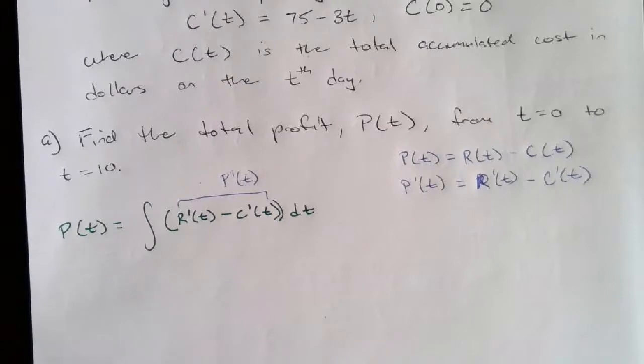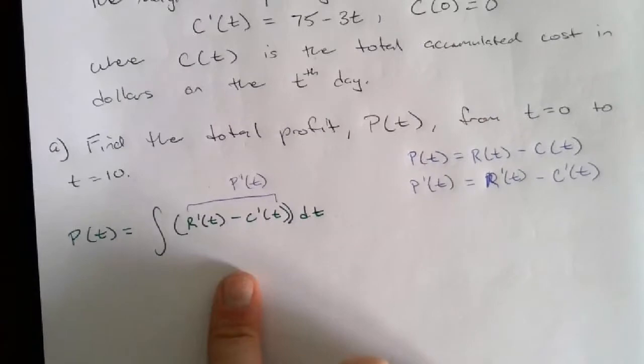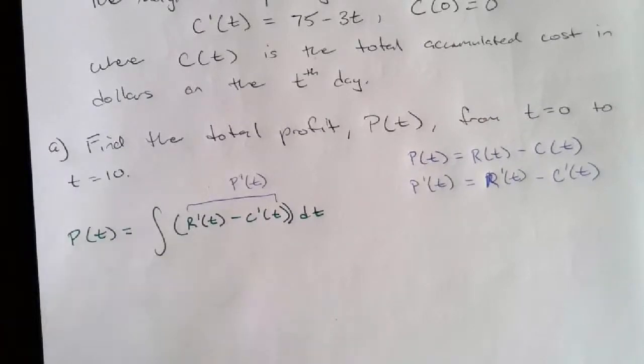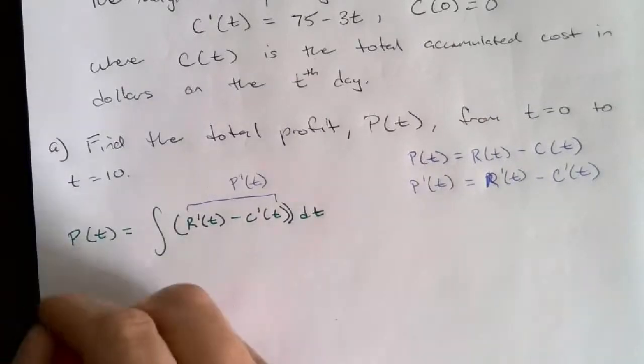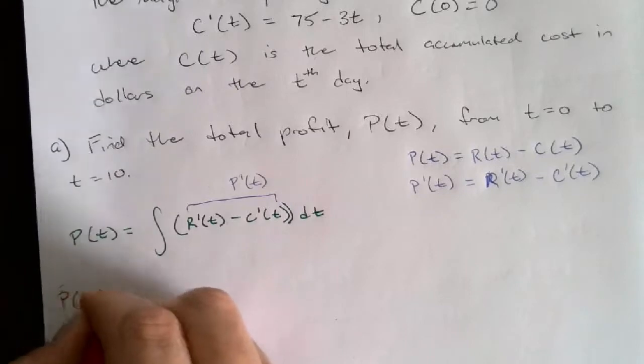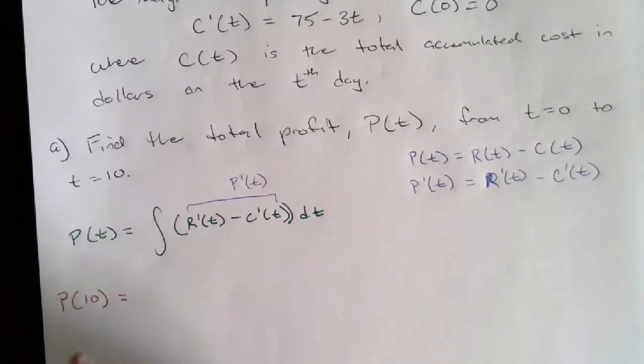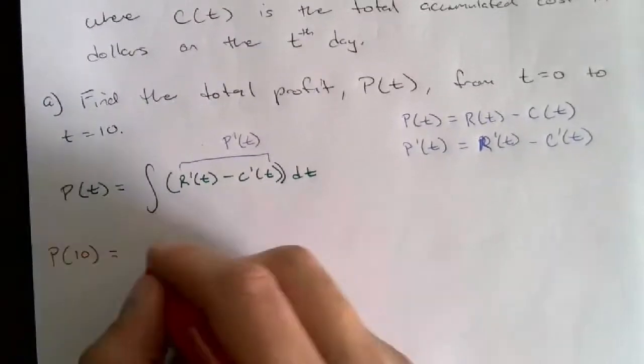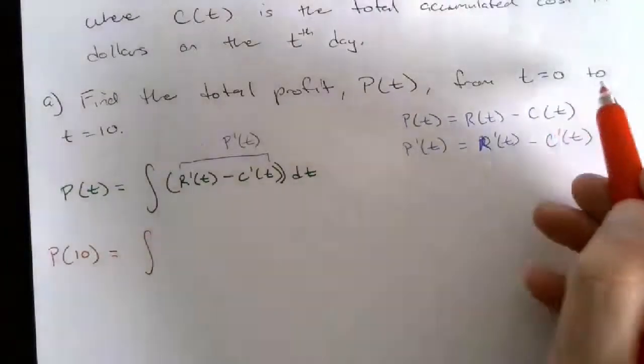So we want to find P of 10, essentially, right? We want to find what's happening over the first 10 days. This is general. If I want to be specific, we'll say we're going to look for P of 10. For P of 10, that means we want the integral from t equals 0 to t equals 10.